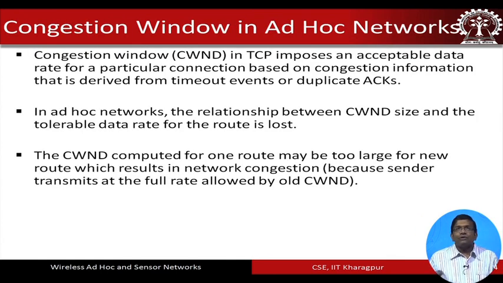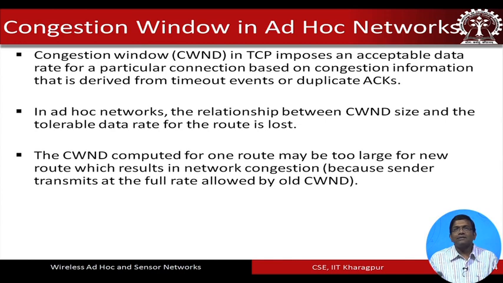Now, with respect to the congestion window, there are a few things that we have to keep in mind. The congestion window in TCP imposes an acceptable data rate for a particular connection based on congestion information that is derived from timeout events or duplicate acknowledgements. In ad hoc networks, the relationship between the congestion window size and the tolerable data rate for the route is lost.